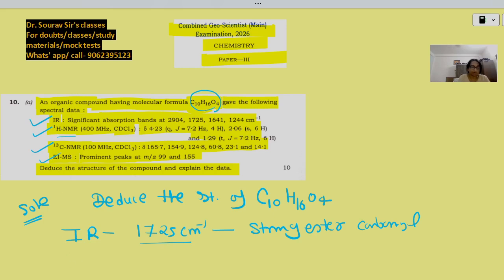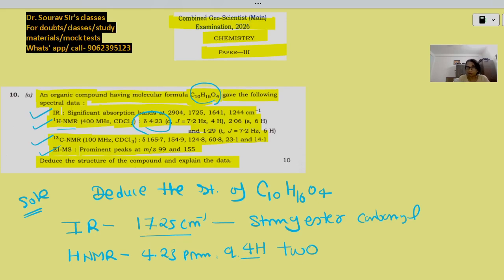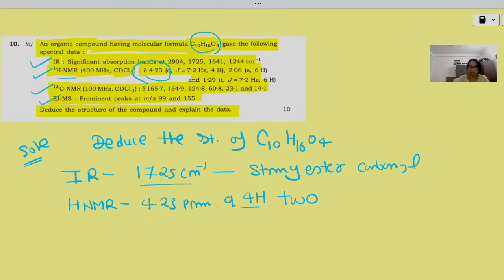Now comes the second, proton NMR. In this data there is 4.23 ppm, a quartet, 4H. Two equivalent groups are possible. We can find the equivalent positions with the help of nuclear magnetic resonance spectroscopy.